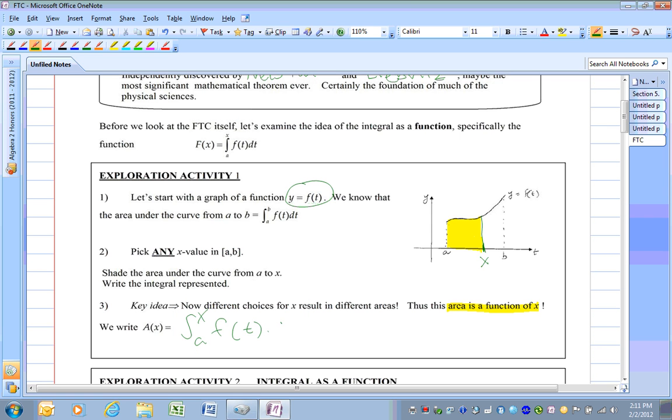Times dt. There you go. So that's just something we want to consider: the area beneath the curve, depending on what you define for x, will be a function of x.